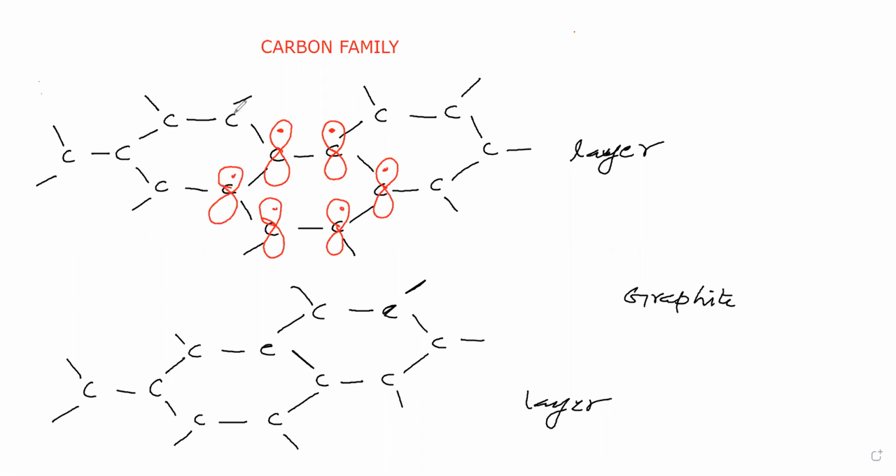Like this present. Now, these p orbitals containing 1 electron each, all the p orbitals are perpendicular to the layer.